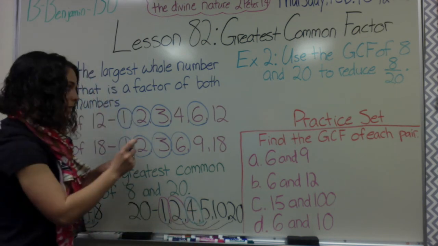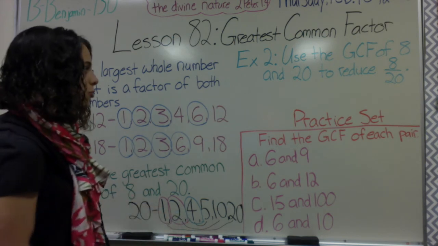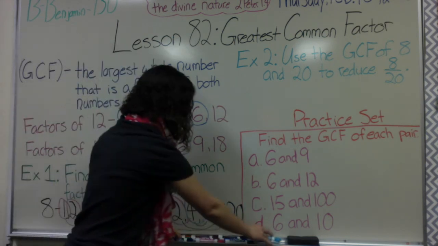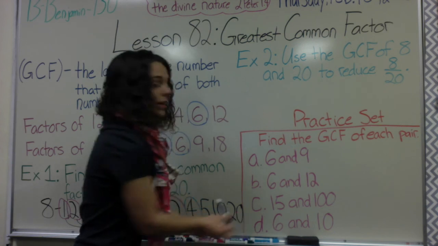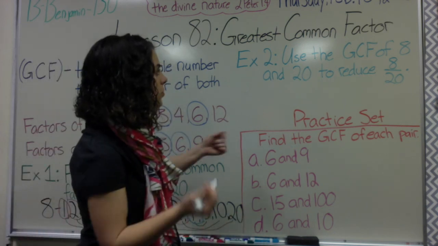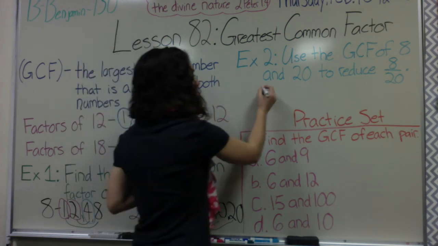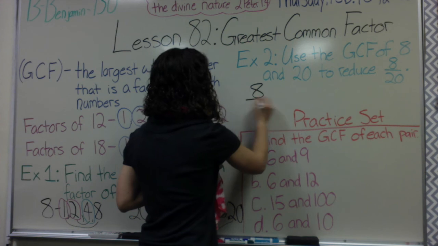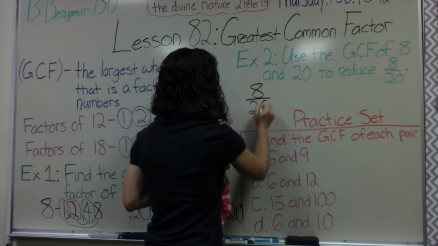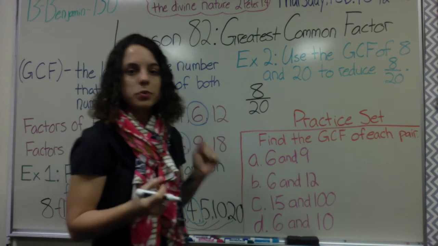So in example 2, we use the GCF, which is 4, of 8 and 20 to reduce 8 twentieths. We've already gotten into reducing. I'm going to write 8 twentieths and reduce it, meaning I'm making the terms smaller but the value will stay the same.